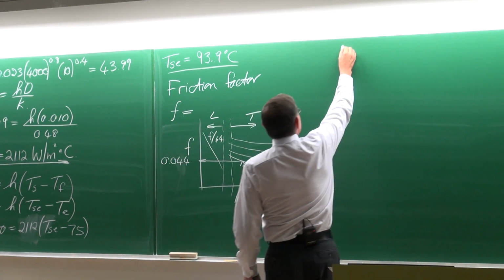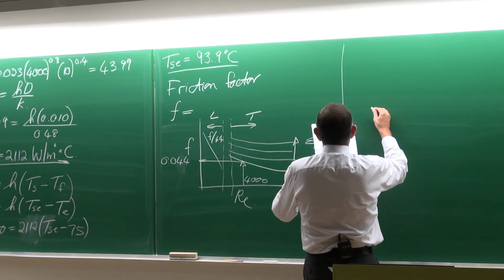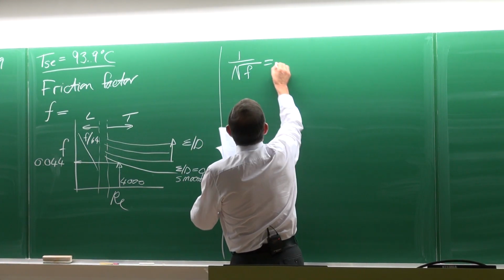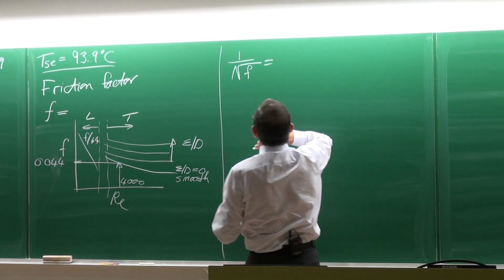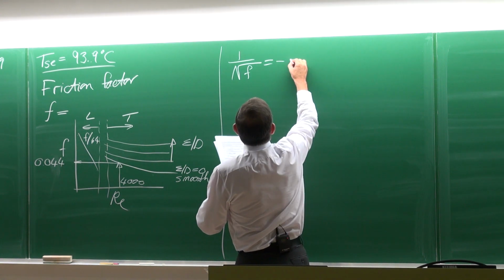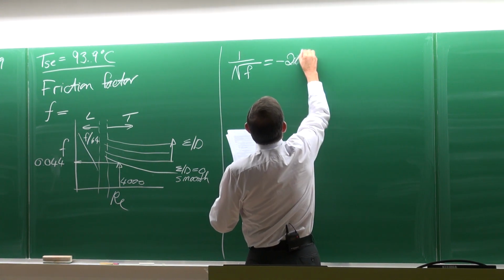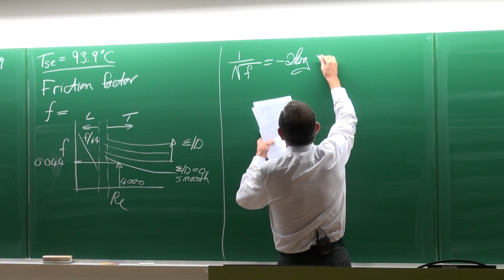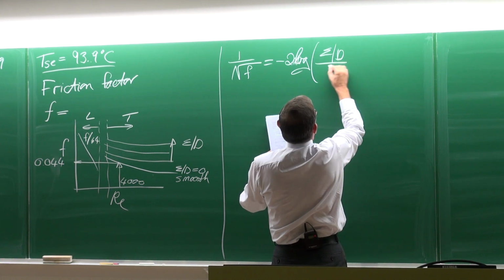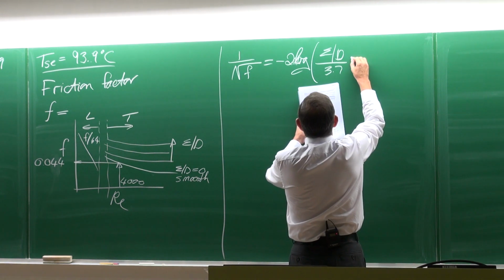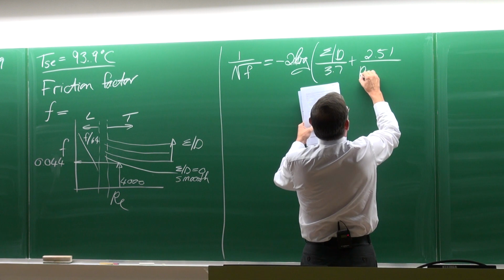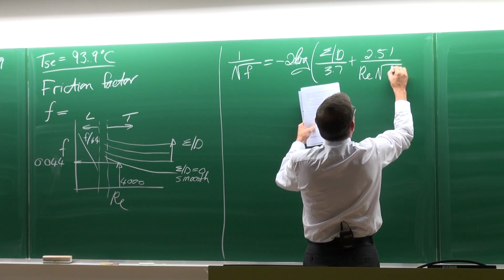If you're not as lazy as I am, you can use the Colebrook equation. It looks like this: minus 1 divided by the square root of the friction factor is equal to minus the log of epsilon divided by d divided by 3.7 plus 2.51 divided by the Reynolds number times the square root of the friction factor.